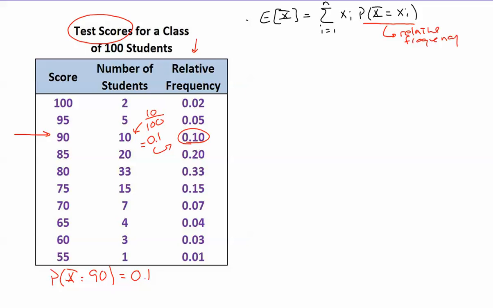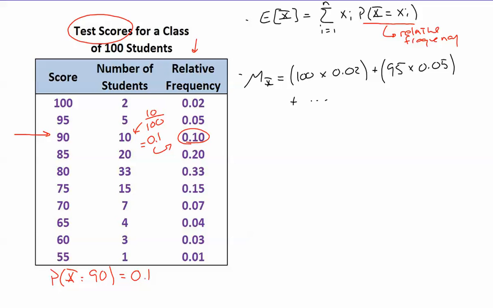Let's use our relationship in the upper right-hand corner of the page to find the average, or the mean value, of test scores for this class of students. The mean value is going to be a value of 100, that's x sub i in this case, times its relative frequency, 0.02. That's 2%. 2 students out of 100 made 100%. Plus 95 times 5%.